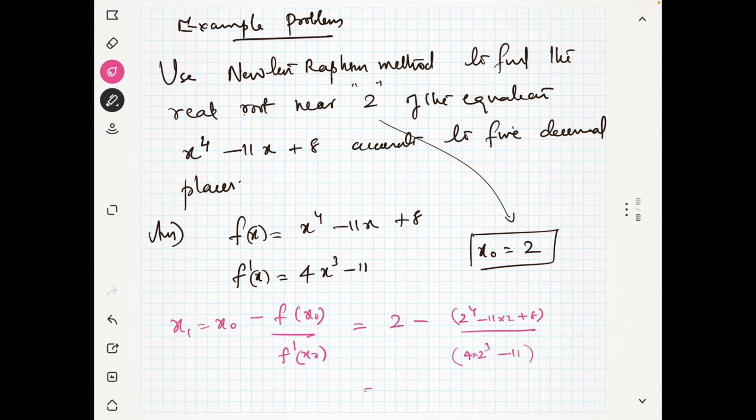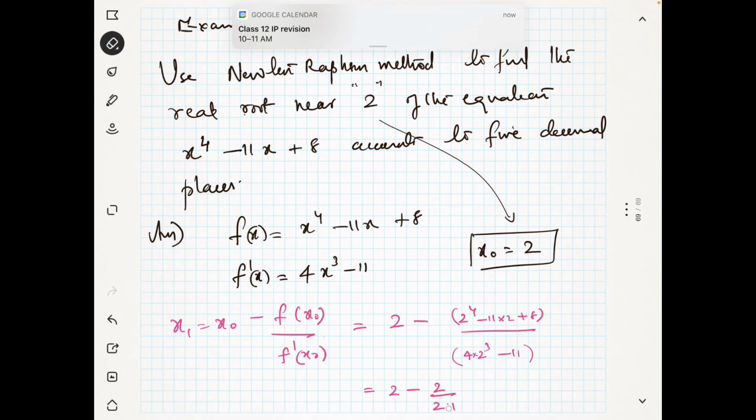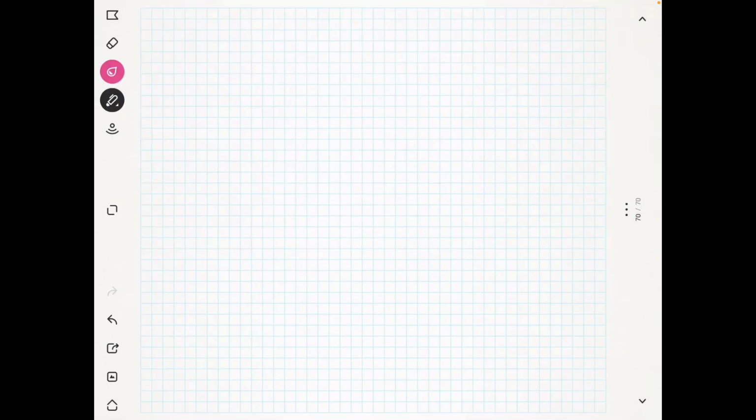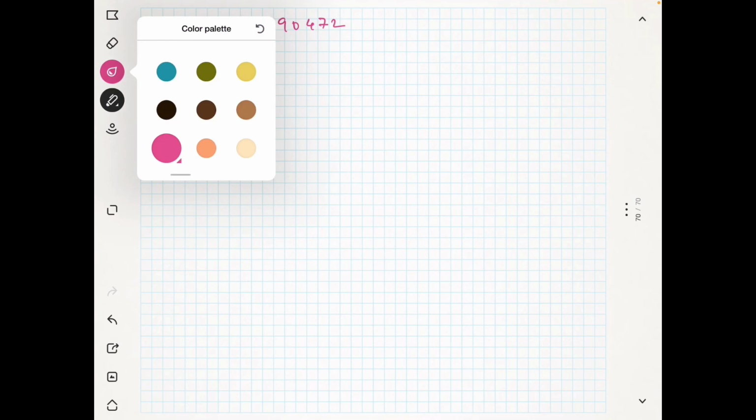So you will get 2 minus 2 by 21, which is nothing but 1.90476. So you got your x1. Now x1 is equal to 1.90476.